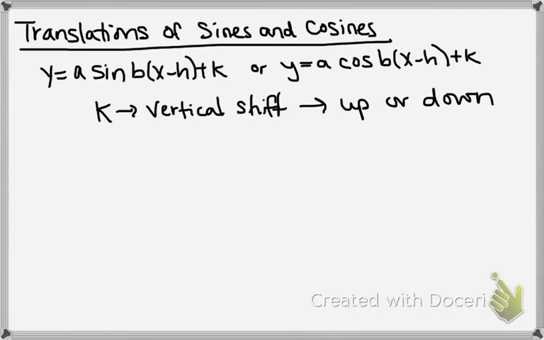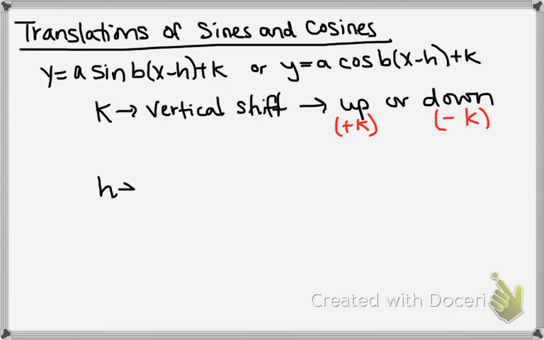So if k is being added, so if I have plus k at the end of my equation, or a positive number being added to that sine, then it's going up. If it's a minus, or a negative number out front, so if I have a negative k, then the graph is shifting down. So the k value affects whether it's going up or going down.